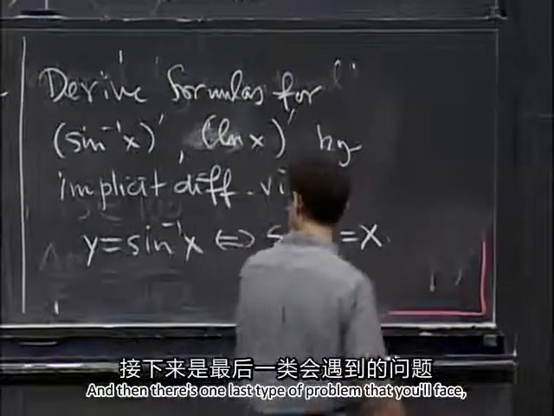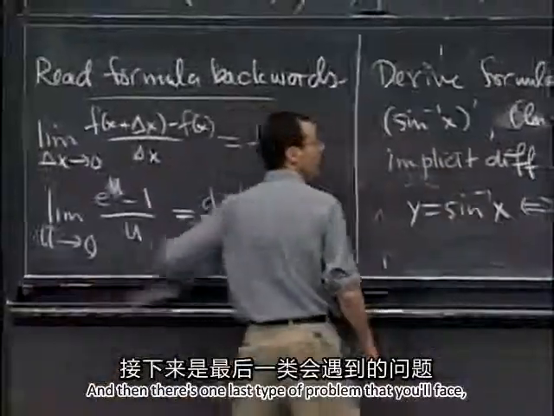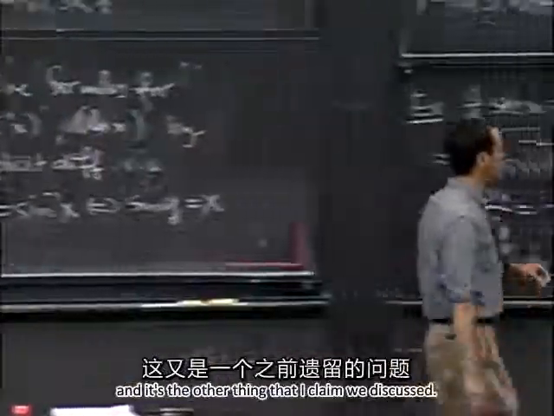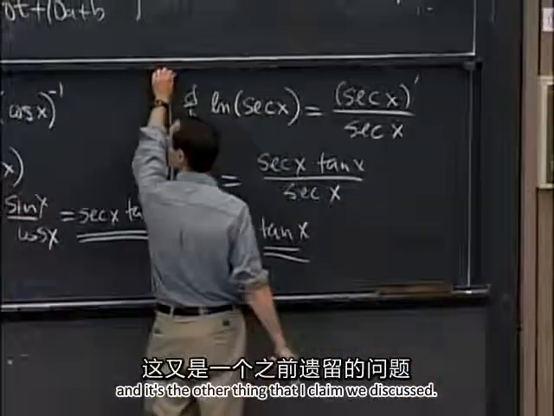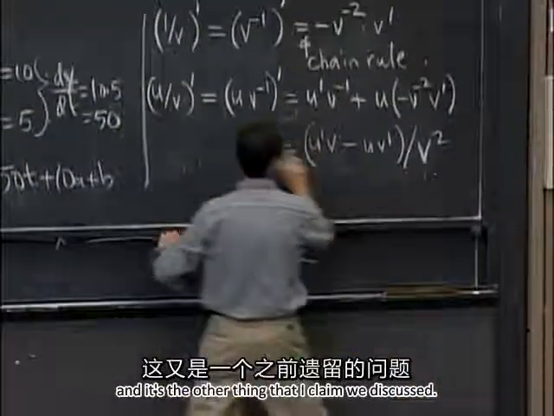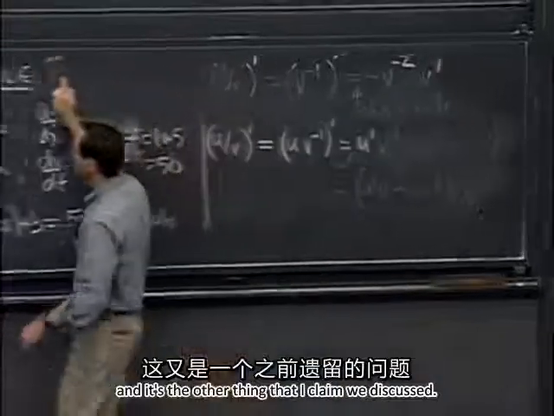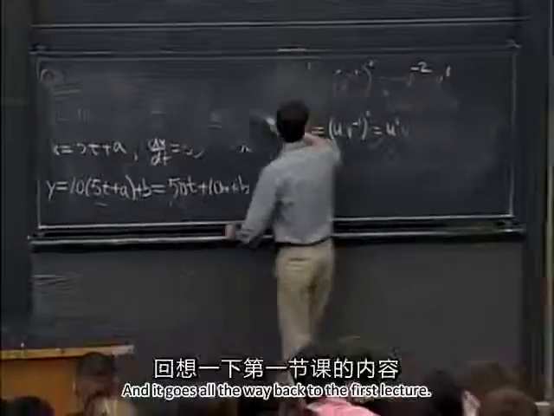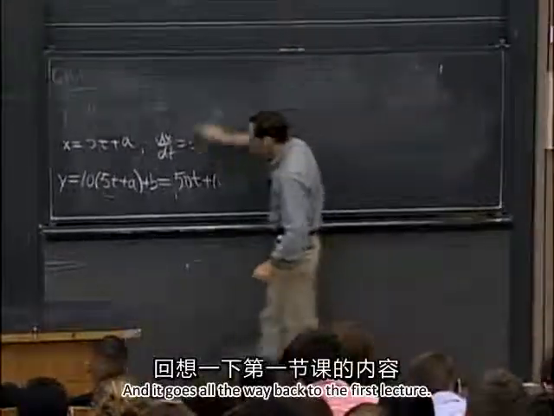And then there's one last type of problem that you'll face, and it's the other thing I claim that we discussed. It goes all the way back to the first lecture.